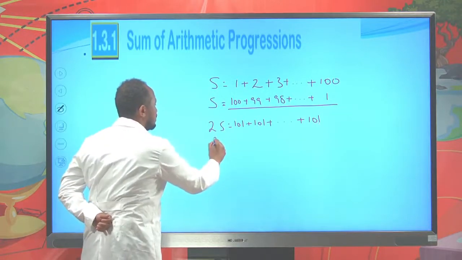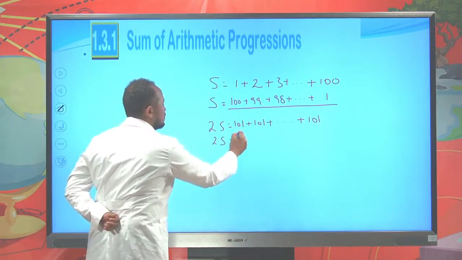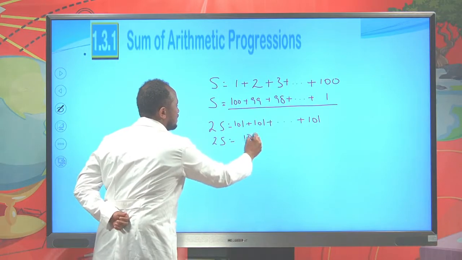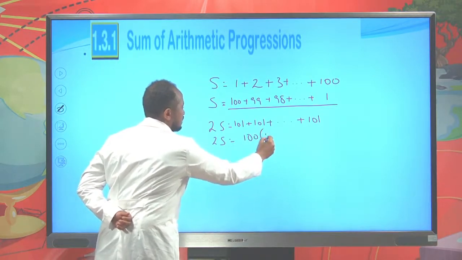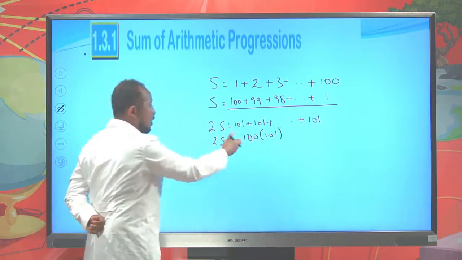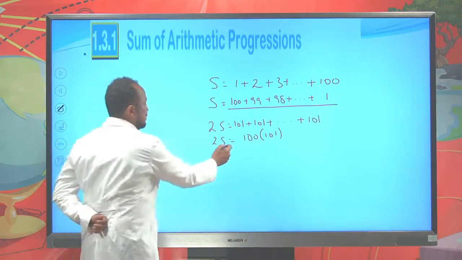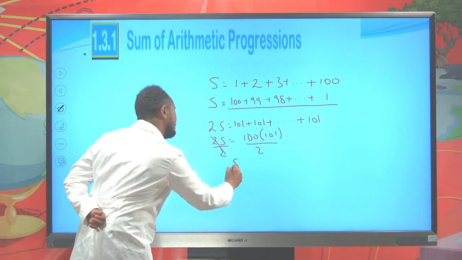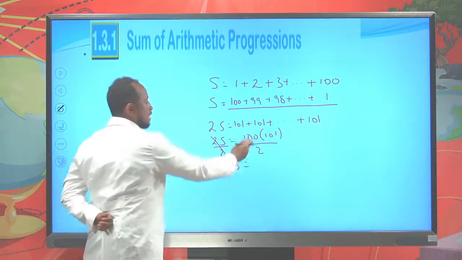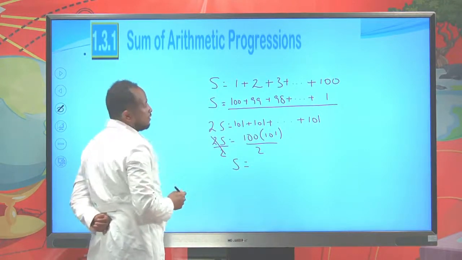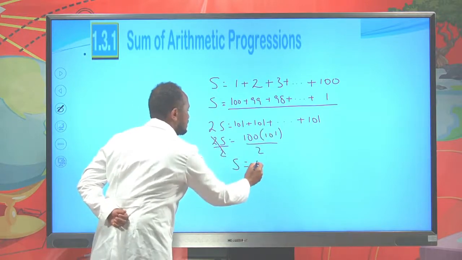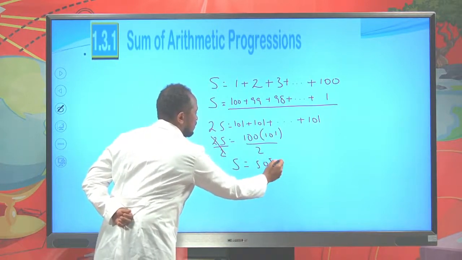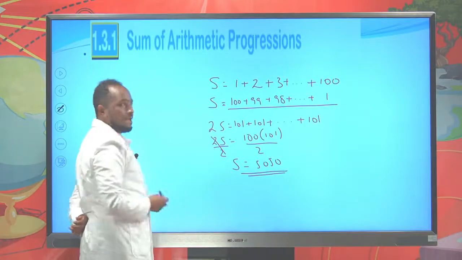Therefore, twice the sum equals 100 times 101. Dividing by 2, the sum equals 100 divided by 2, that is 50, times 101, which is 5050. So this is how Gauss found the answer.